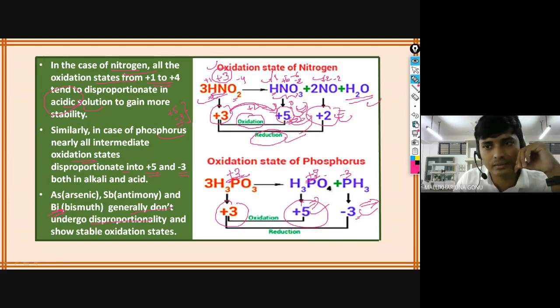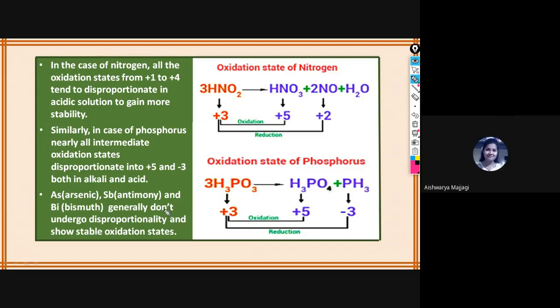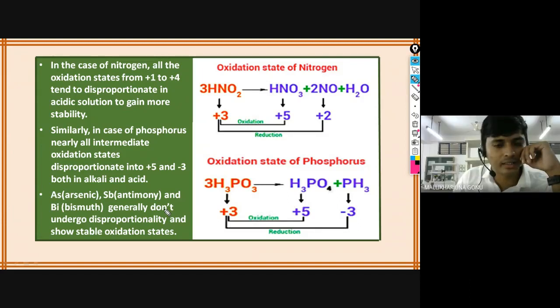Aishwarya, can you tell? Can you tell why bismuth? Vidisha, can you tell why any compound of bismuth will not give +5? Why will it not give +5? Vidisha, what could be the reason?